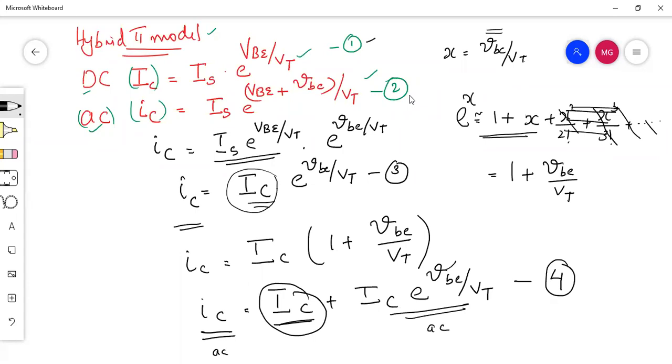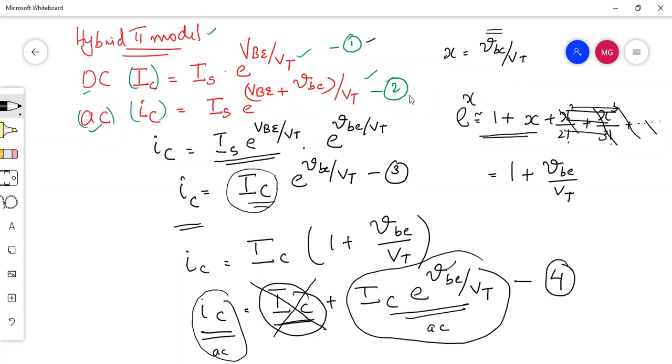I am not neglecting this term, because I need to find the AC analysis. So I can write small iC equal to capital IC into this AC related term. That's why small iC must be equal to this term only, almost equal.